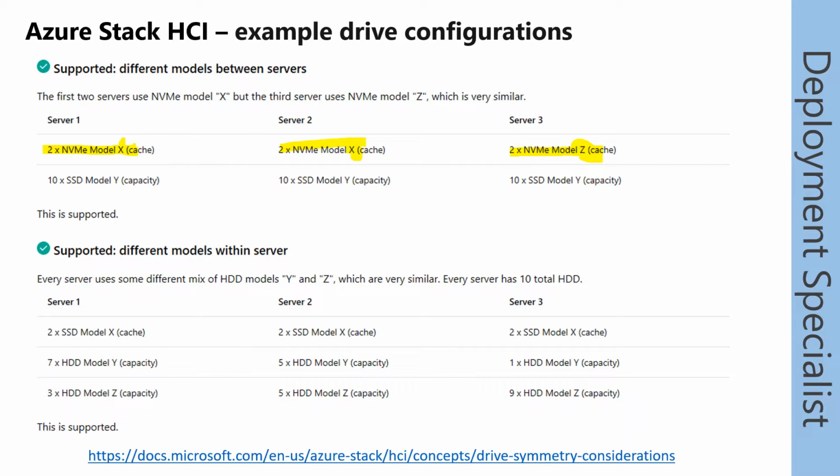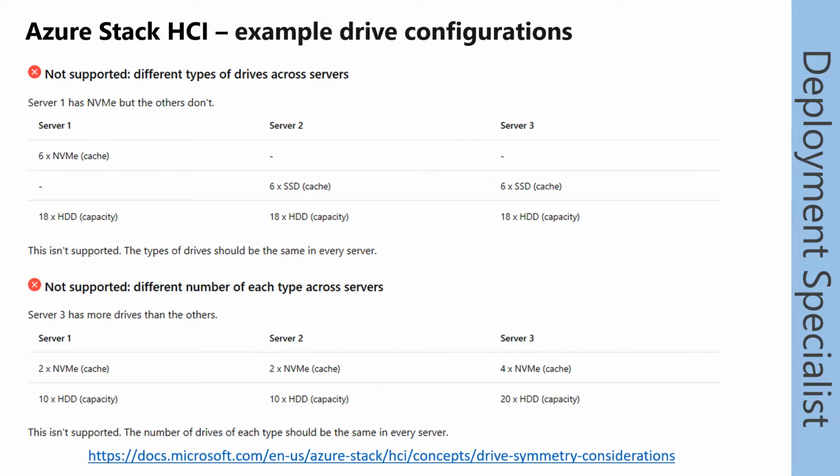And here we can see a configuration with SSDs where the cache drives are identical, but we have different types of hard disk drives. But in each server, in the second example, we have 10 hard disk drives. This means identical storage layout. What's not supported is to say, okay, I have 2 servers with SSD.